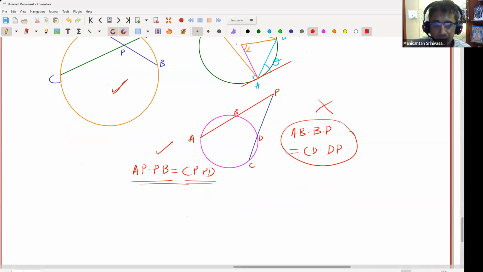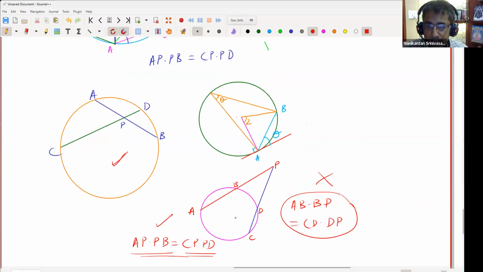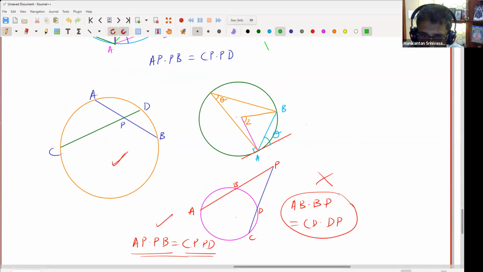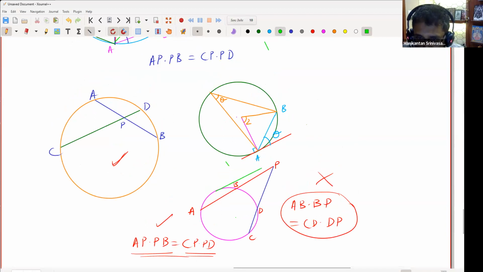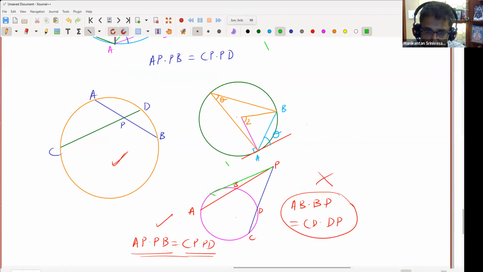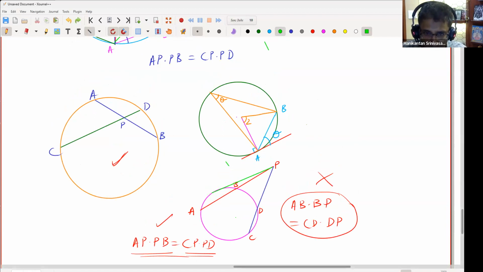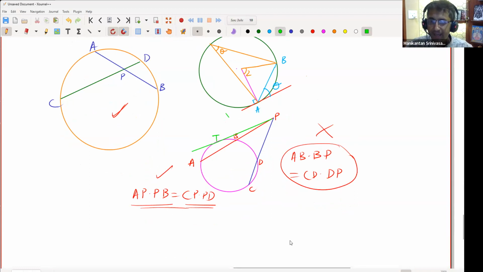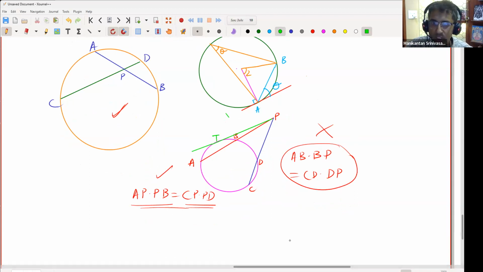For example, I can show it in this itself. Let's say I'm able to draw a tangent from here to here, P to T. Okay, so this is the tangent, and this is T. Then just imagine for a second that it's not a tangent, but there are two very close points here.